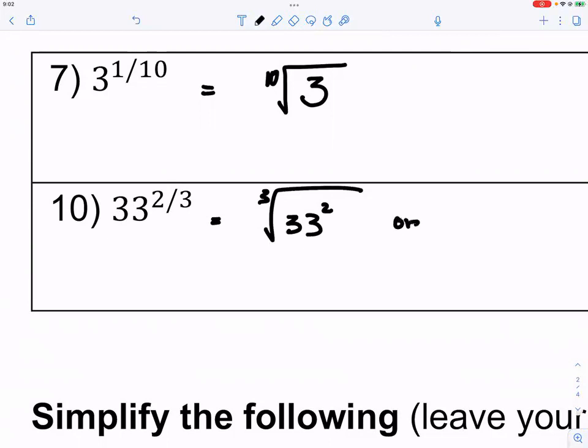Now I also want you to write down the cube root of 33 and then square. Okay, cube root of 33 and then square.